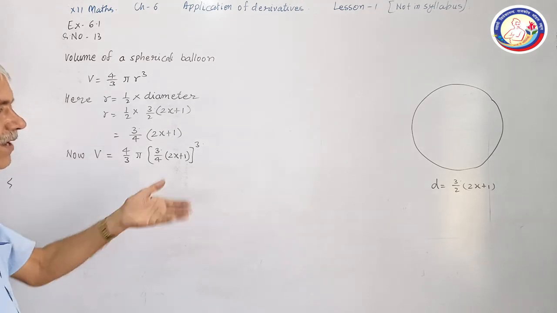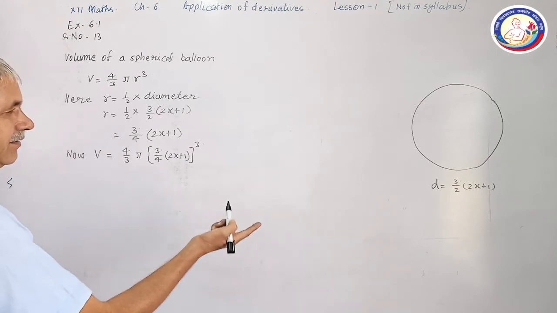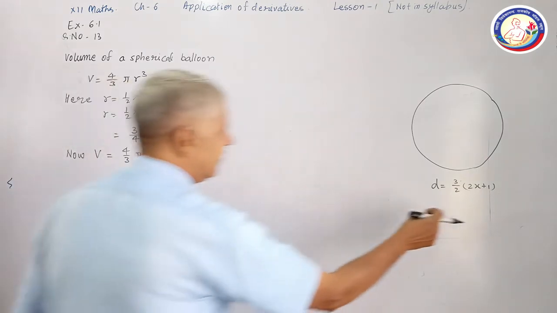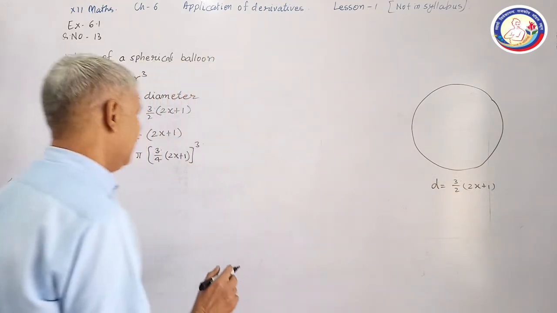The rate of change is the same. As diameter changes, with the same rate the radius also changes. Now here the variable in diameter also is x, and in radius also it will be x.